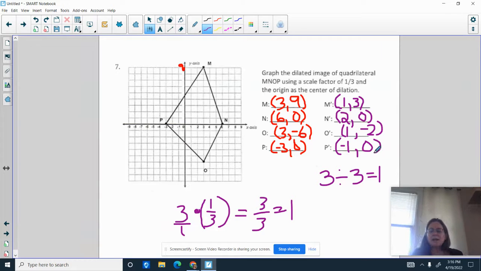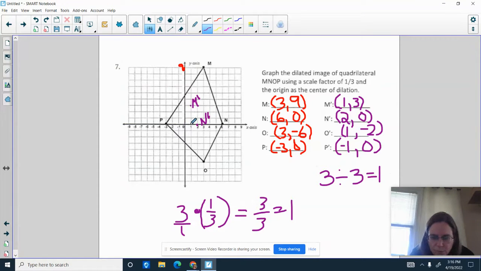All right. Now I'm going to plot my new image. So I'm going to go from the origin over to +1, up to +3. That is M prime. I label as I go. Go over to 2 and then 0. That's N prime.